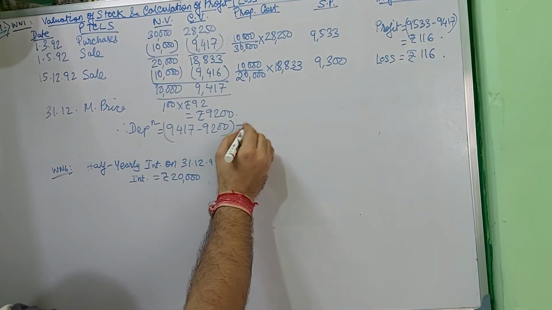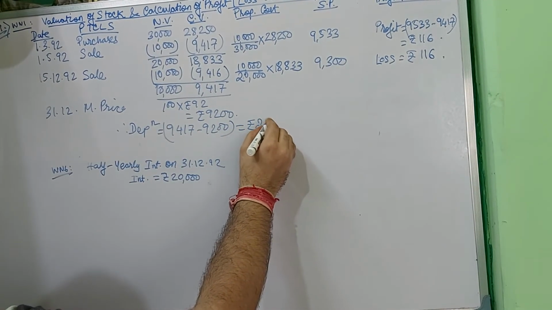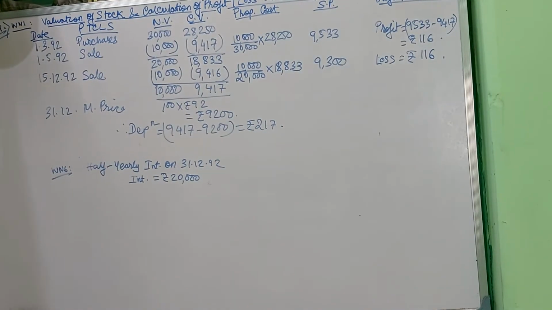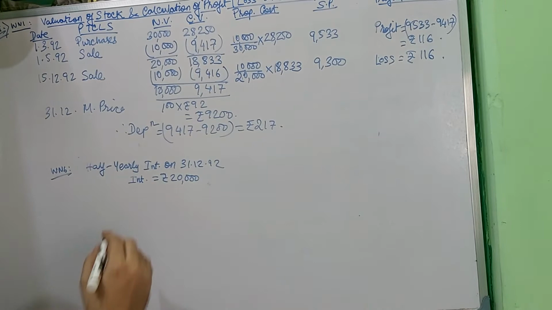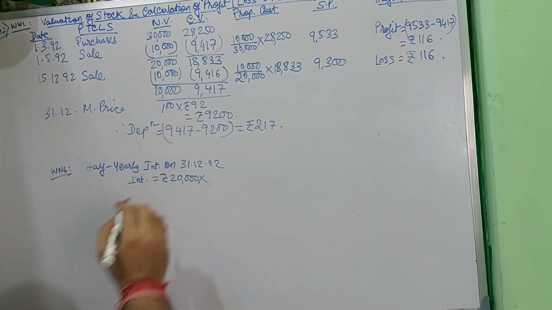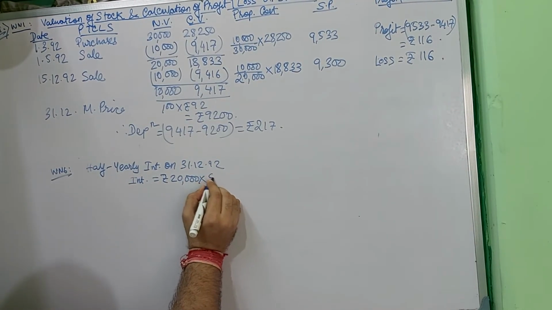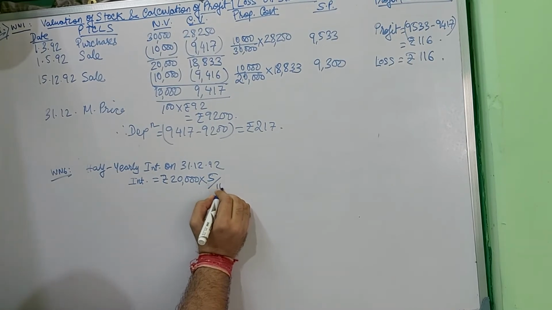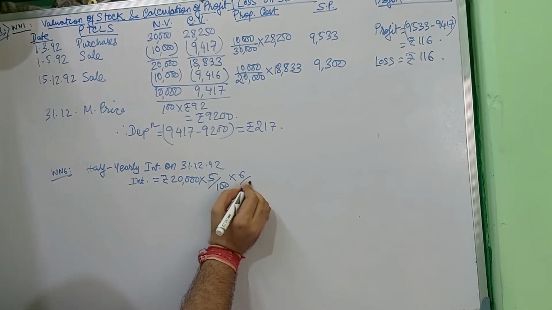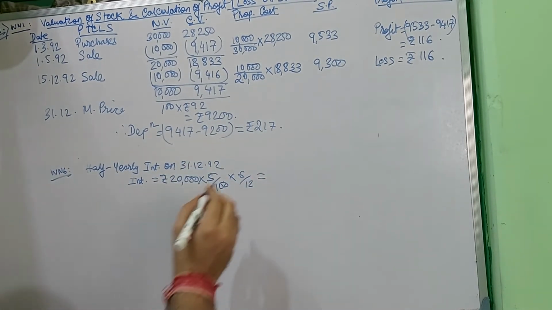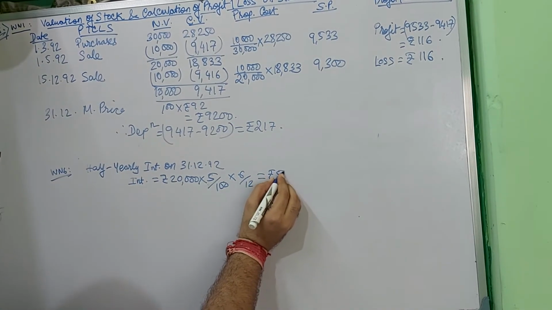This depreciation is rupees 217, which is the loss. So interest should be on 20,000, not on 10,000. Half yearly interest is 500.